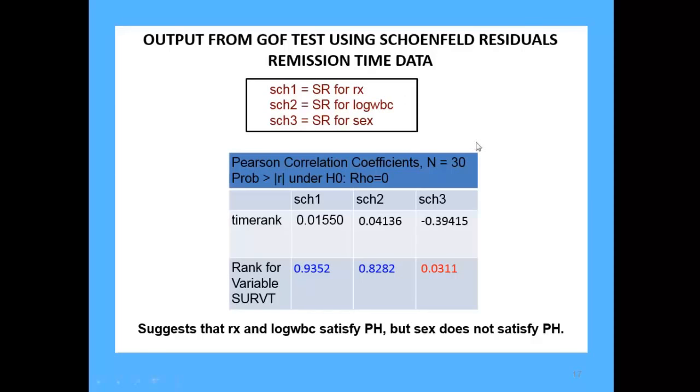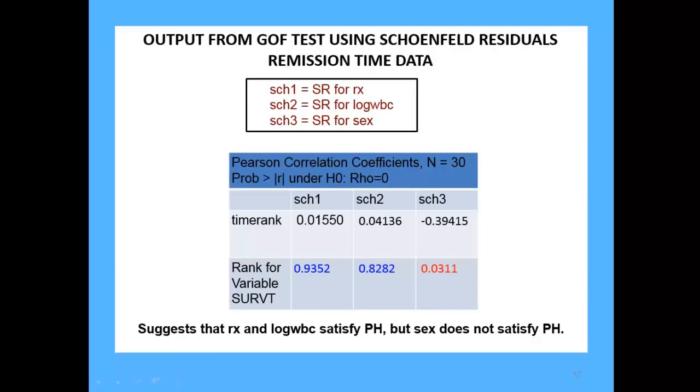In this particular case, the three variables, treatment, log white blood cell count, and sex, were all put in the model, and then a certain computer code, SAS, was used to come up with some p-values. These p-values actually turn out to be ranks in some form, but they are p-values that you would use to decide whether a variable is significant or not.